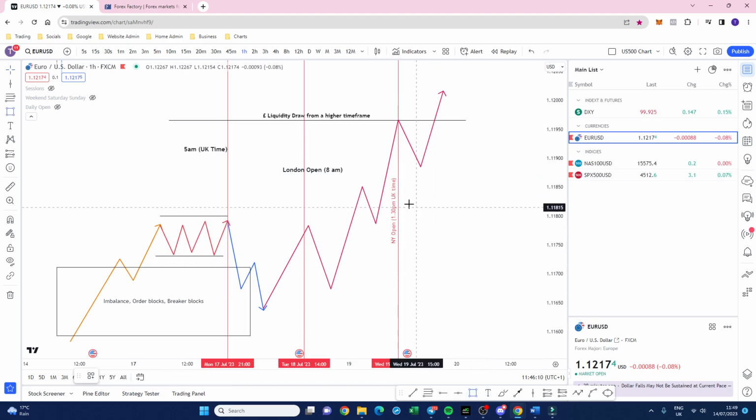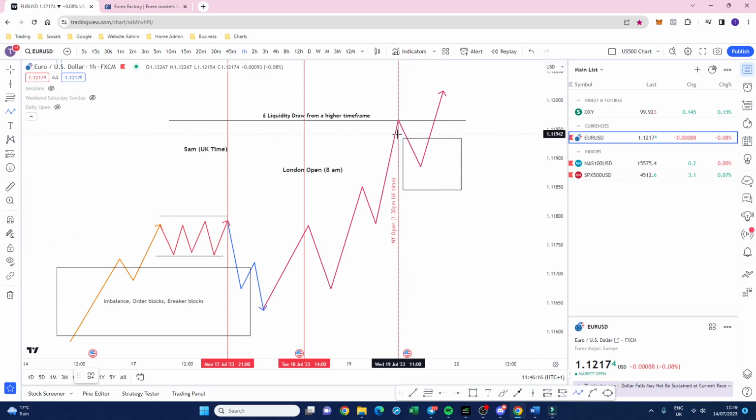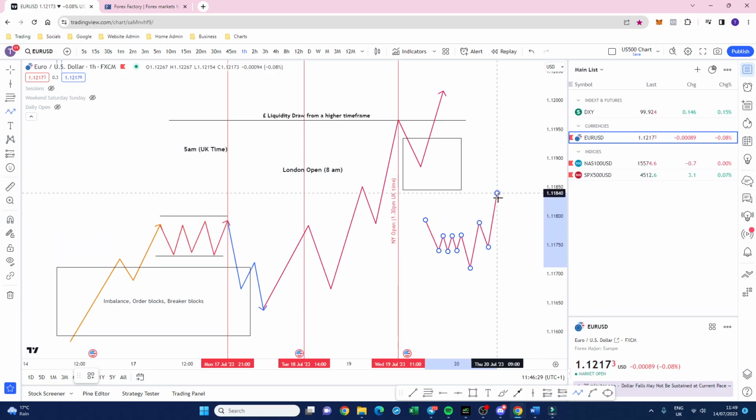So what we're looking to identify is on a smaller time frame or another time frame, you can identify the exact same thing happening. We can see that when we get into here, we want price to accumulate, and then we want price to manipulate, and then we want price to start reversing, taking us to that area right there.